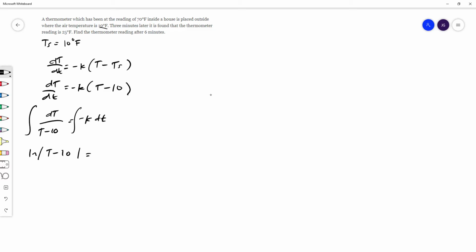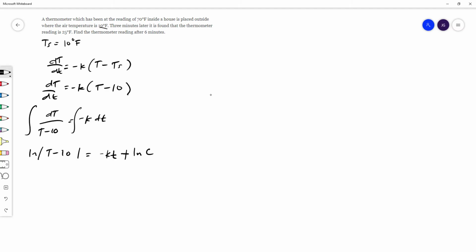And for the right hand side, whereas our k there is our constant, so we have negative kt plus ln c. I will just use ln c, guys, because it is faster than using c alone.